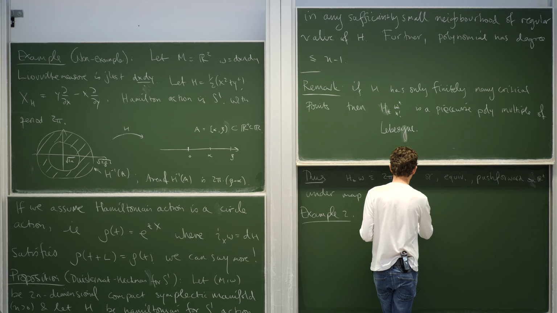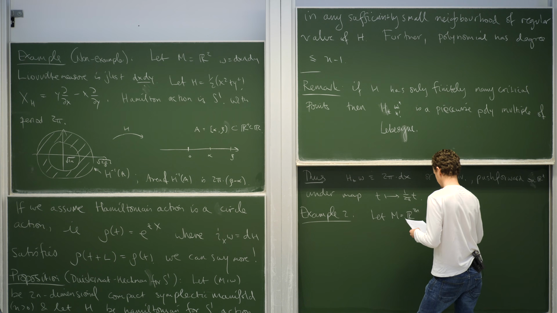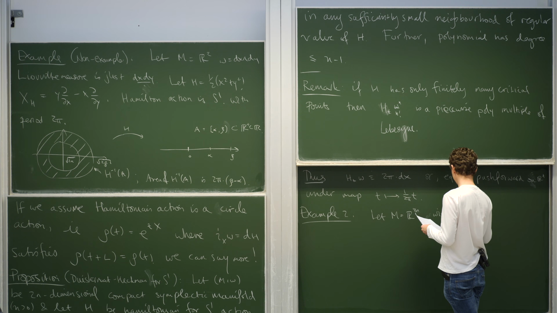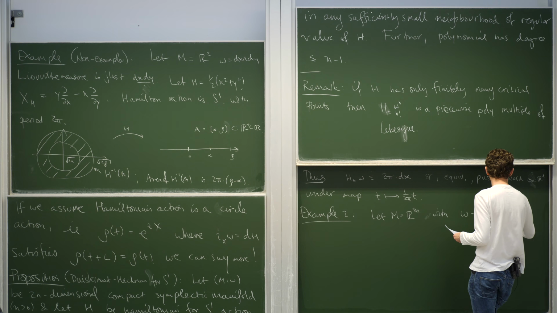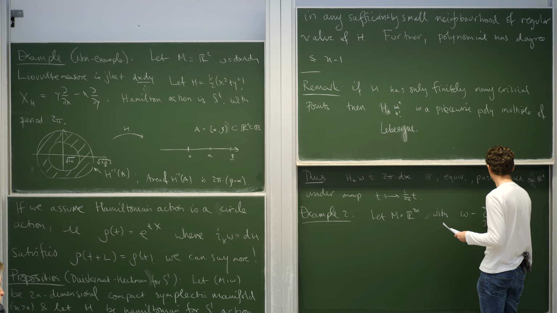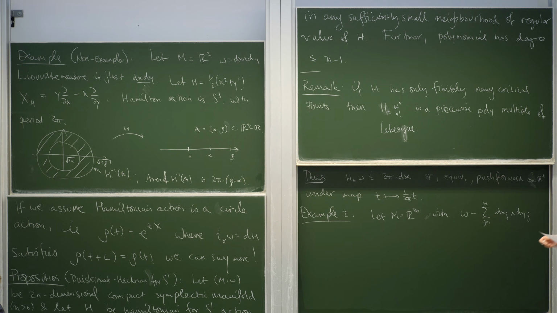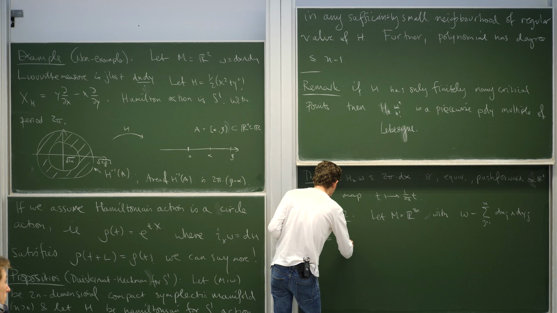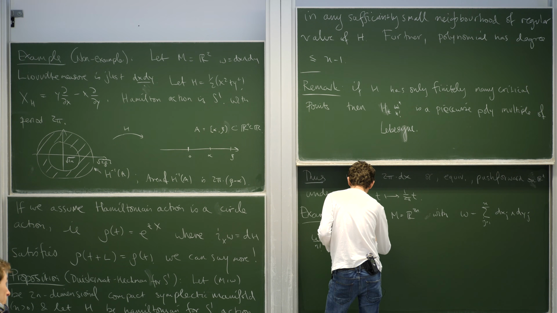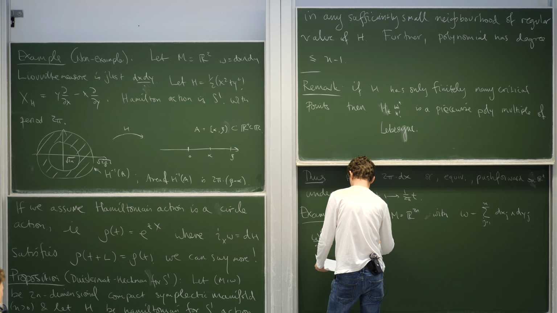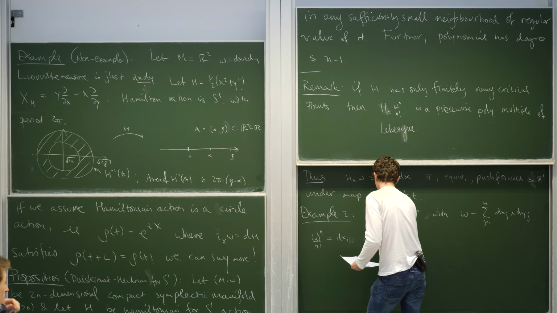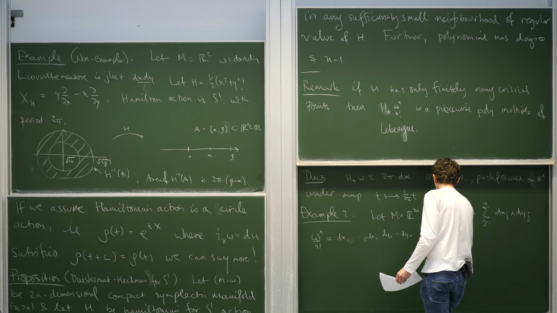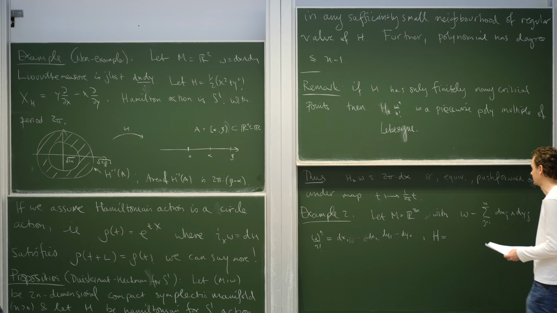So we'll do something that's not much more difficult. We'll look at R to the 2n instead of R to the 2. And we'll take our Liouville measure on this space. And we'll let the Hamiltonian be not quite the harmonic oscillator now, but a sum of independent harmonic oscillators.